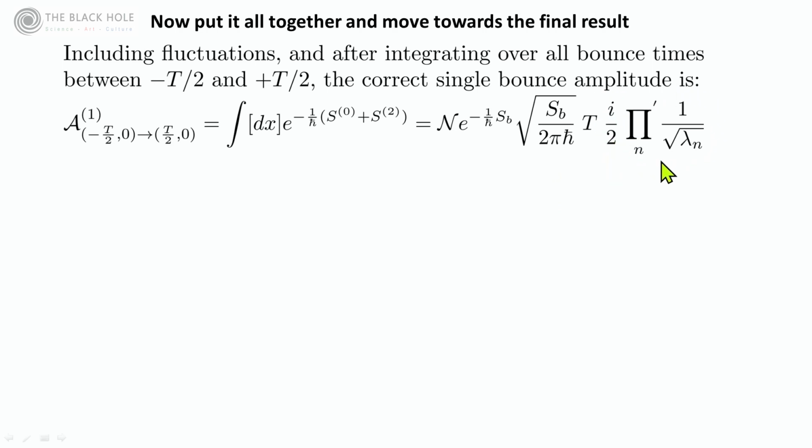And now here, this prime I have put to say that we must exclude the 0 eigenvalue and the negative eigenvalue. We argued that there is a negative eigenvalue.